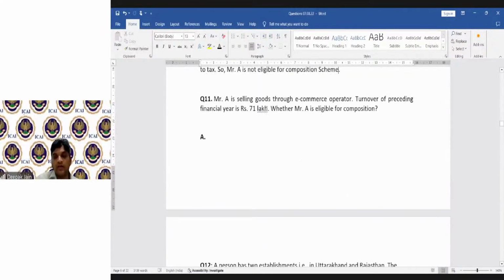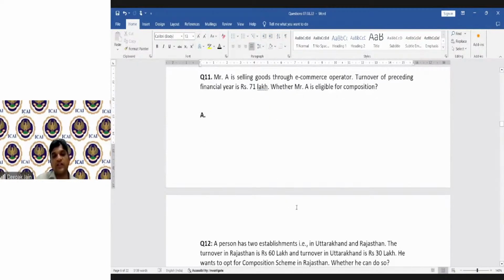Question number 11. Mr. A is selling goods through an e-commerce operator. Now, turnover of the preceding year is less than 75 lakhs. Whether he is eligible for composition now.